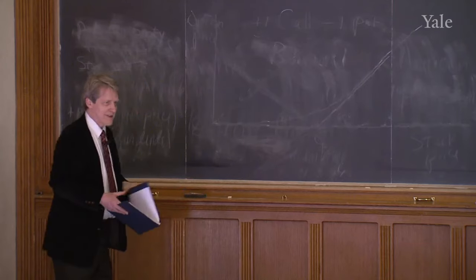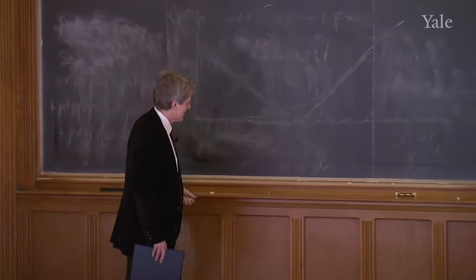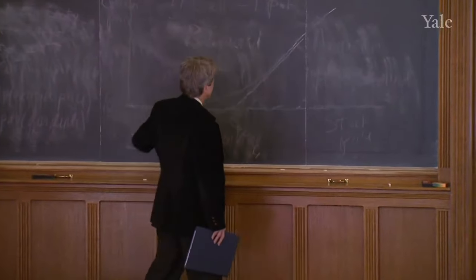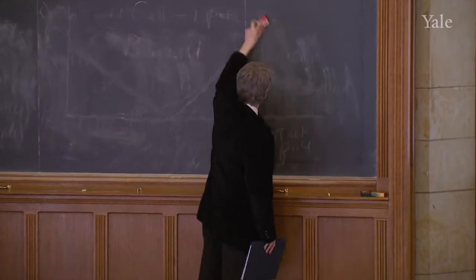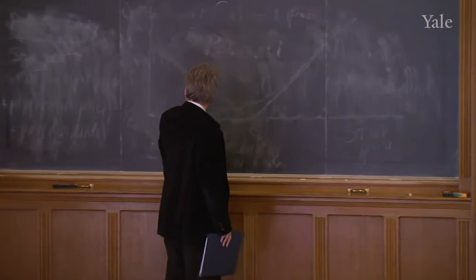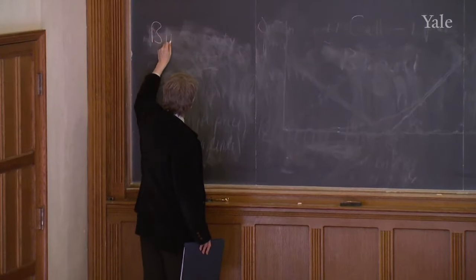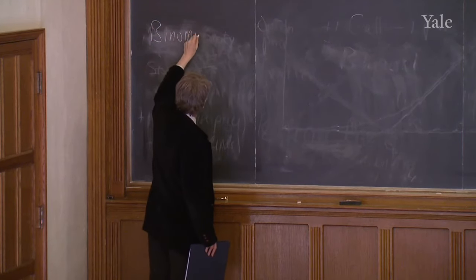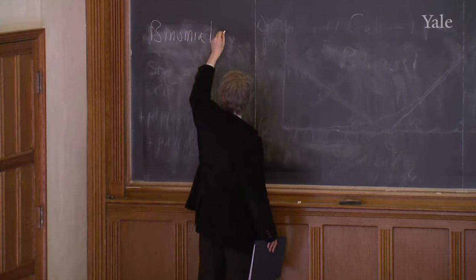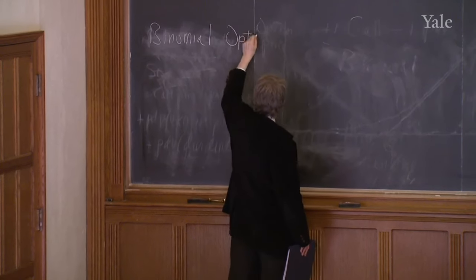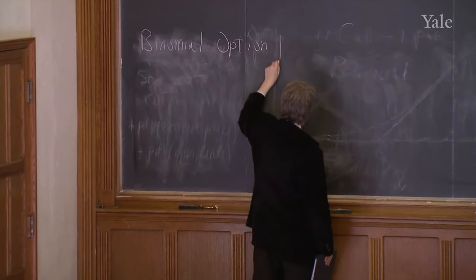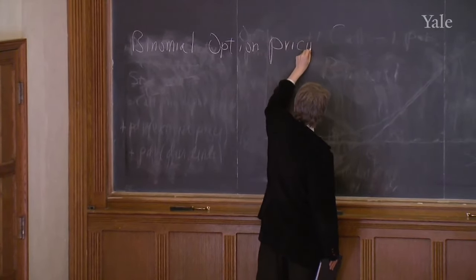And then I'm not going to actually derive the Black-Scholes formula, but I'm going to show it to you. But I'm going to tell you a simple story just to give you some intuitive feel about pricing of options.